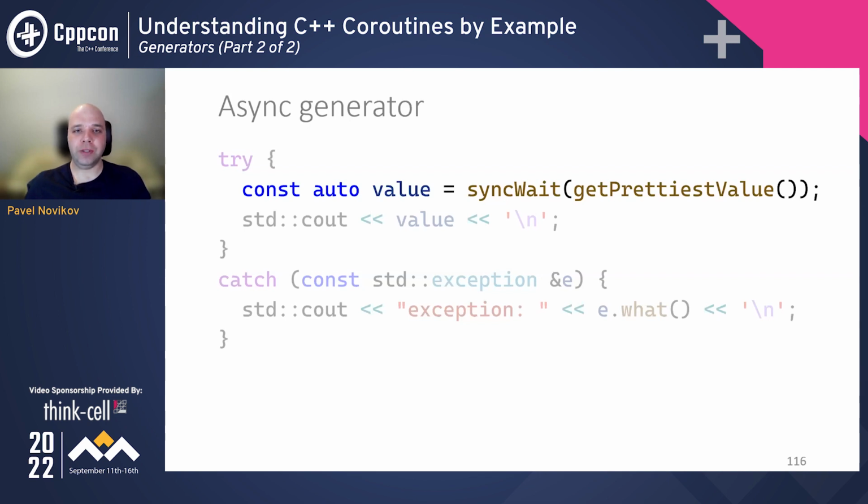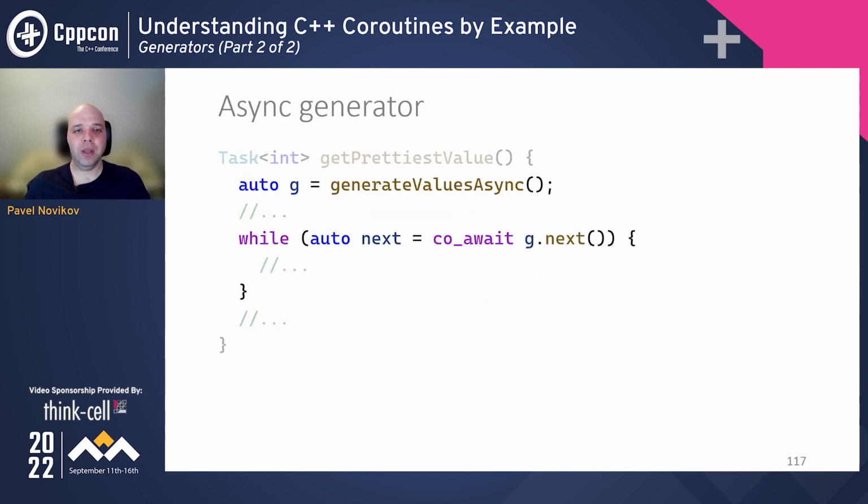You can imagine that if we have some concurrency, sync wait possibly blocks this thread, but anyway, we'll synchronously get the result of this whole asynchronous function call and store it in a variable value. So this is how it works.